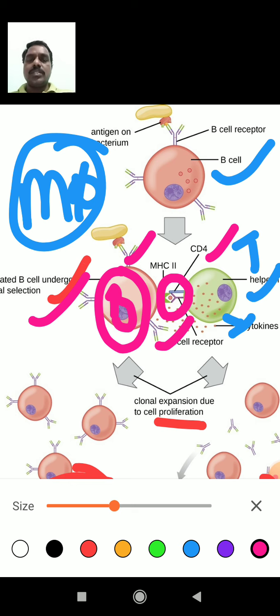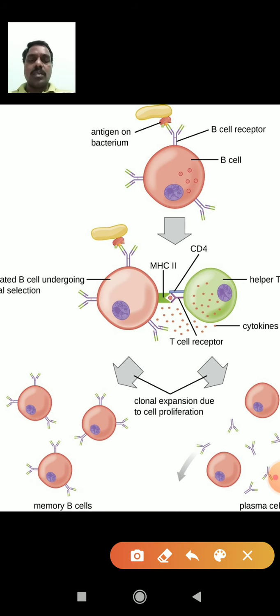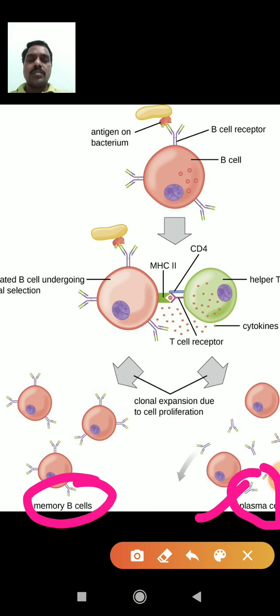After activation is completed, clonal expansion and proliferation occur. After proliferation, two types of cells are produced: memory cells and plasma cells. The plasma cells are called the first line of immunity, or primary immunity. Why?